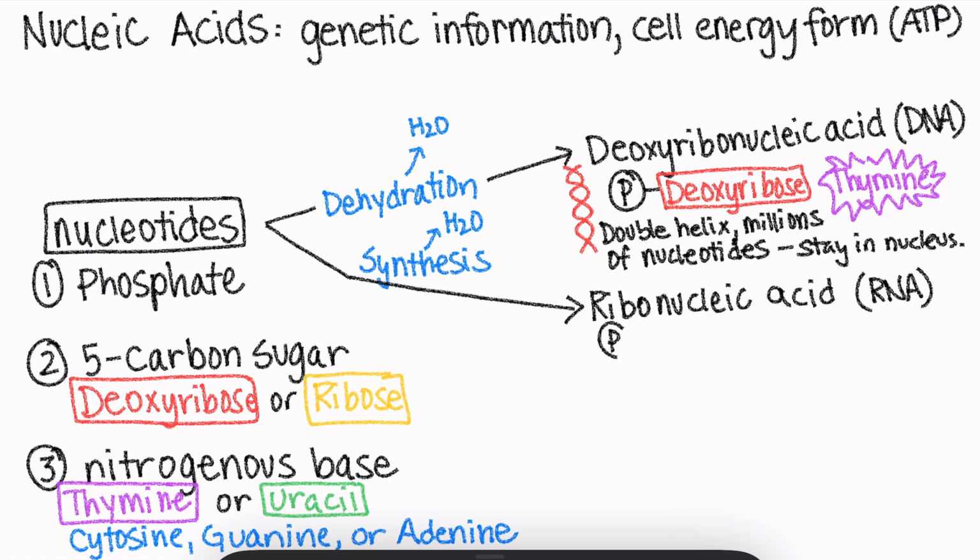Its nucleotides will all have a phosphate, just like you would expect. Their sugar will always be ribose, hence the name. And their nucleotide nitrogenous bases can be cytosine, guanine, adenine, or uracil. So notice that they will not have thymine. Another difference is that RNA is only going to be single-stranded.